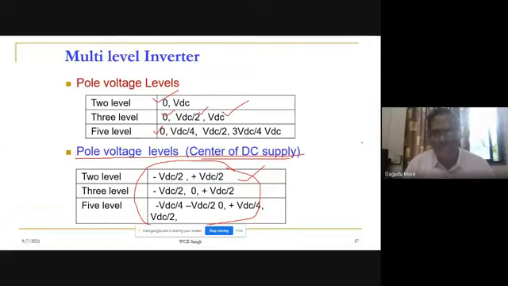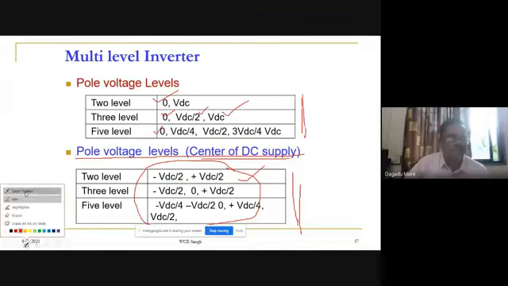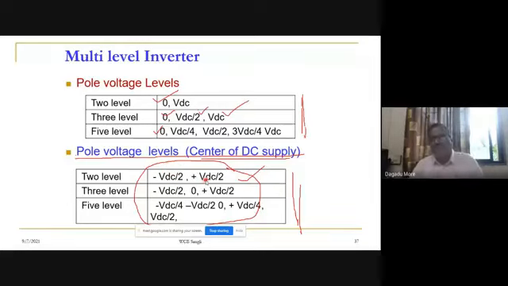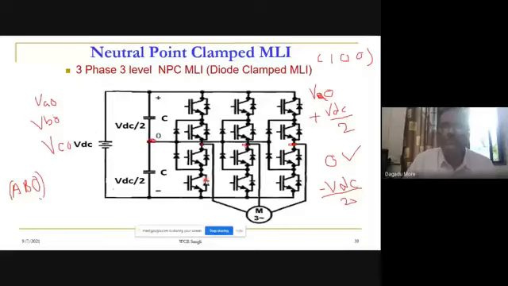Based on that, these pole voltages are from the negative rail of the DC supply, and these are based on the center point of the DC supply. We will take the center point of the DC supply for the configuration we just studied. So tomorrow we will concentrate on the neutral point clamped multi-level inverter.